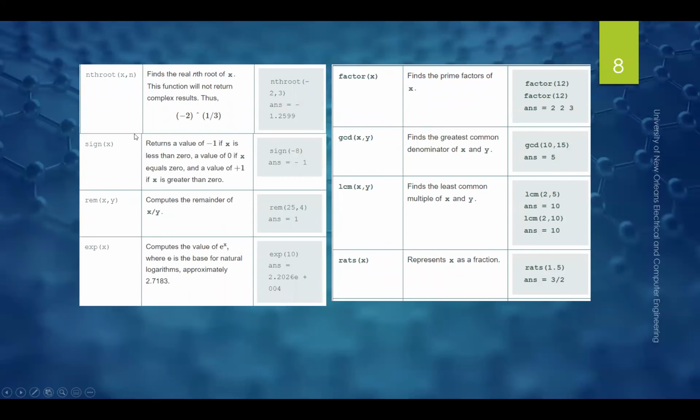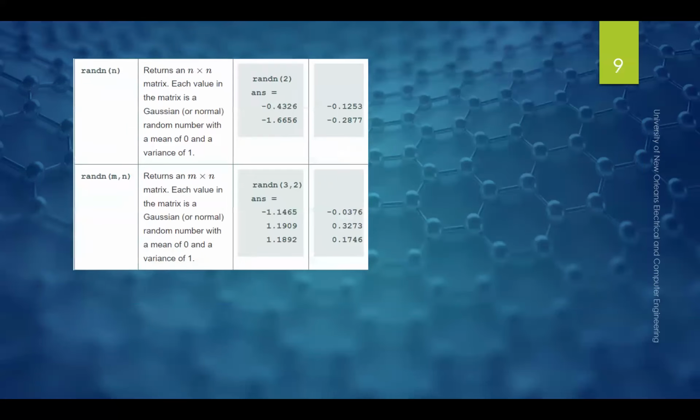So more, like I said, the nth root of a number, the rem function computes the remainder. We have the factor which finds the prime factors of x, the greatest common denominator, and so forth. So keep this as a reference.